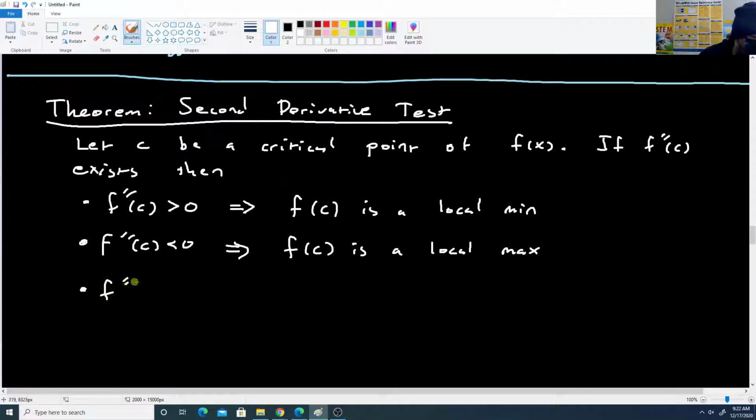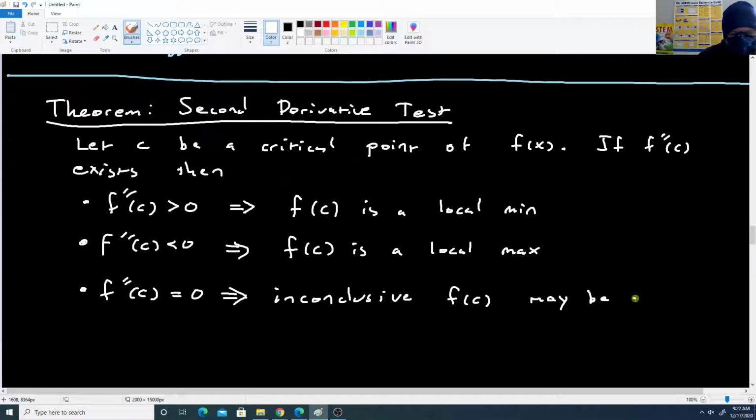And if your second derivative at C is equal to 0, that will be inconclusive. Then f of C may be a local min, local max, or neither.